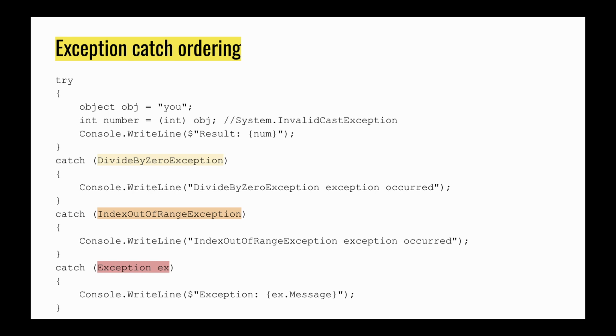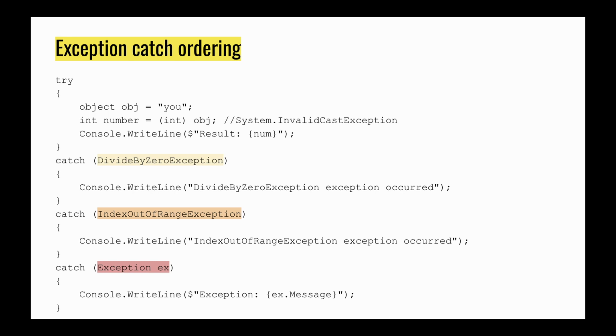We can also define our own catch block for InvalidCastException, but the point is that theoretically different types of exceptions can be generated in the code. It makes no sense to define catch blocks for all exceptions if the exception handling is of the same type. Here we can define a catch block for the base Exception type. In this case, the catch block will handle all exceptions except DivideByZeroException and IndexOutOfRangeException.